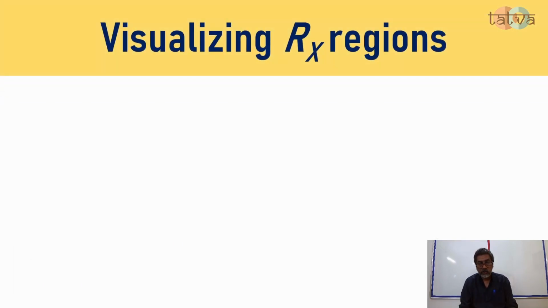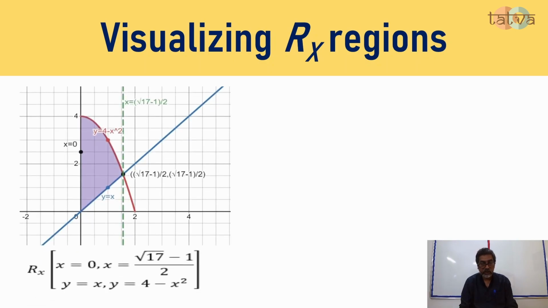We have two more Rx region situations. This is a region between the y-axis, a parabola, and a straight line. And you can see once again that the left vertical line and the right vertical line are having the entire region between them, with that as a lower curve and that as the upper curve.